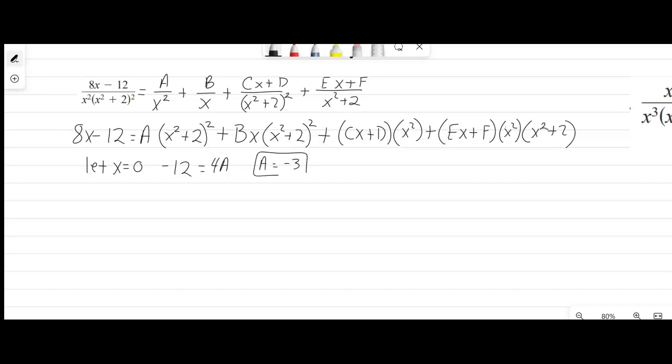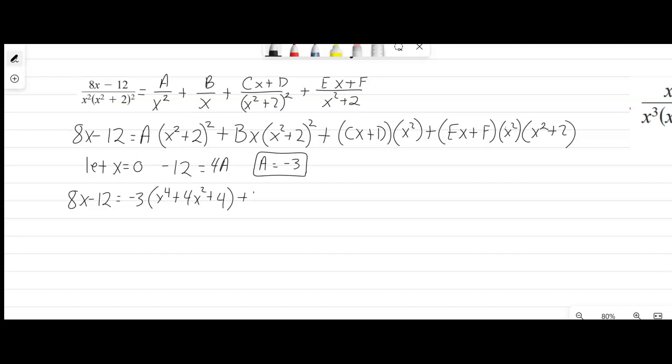Now this is where things get a little scary. I got to put that negative 3 back in, and I have to expand everything in this problem. So let's do that. It's going to be negative 3 times x to the 4th plus 4x squared plus 4.